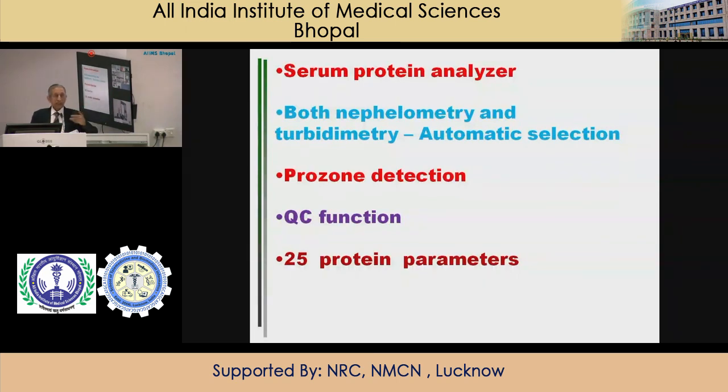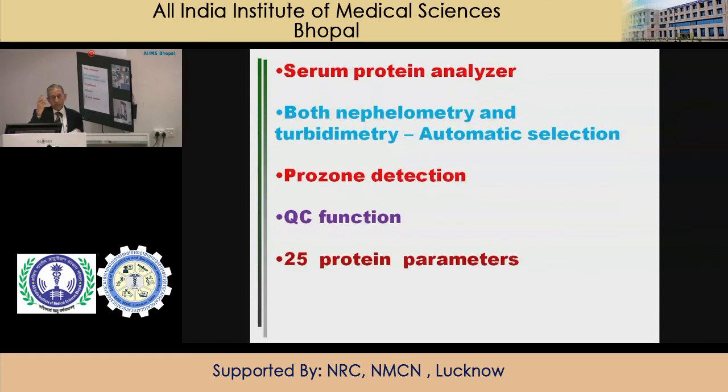Moreover, it will also detect the prozone. You know that if the antigen concentration is increased while the antibody concentration remains the same, at first the turbidity will increase, and then after some time it will decrease. That is the prozone.